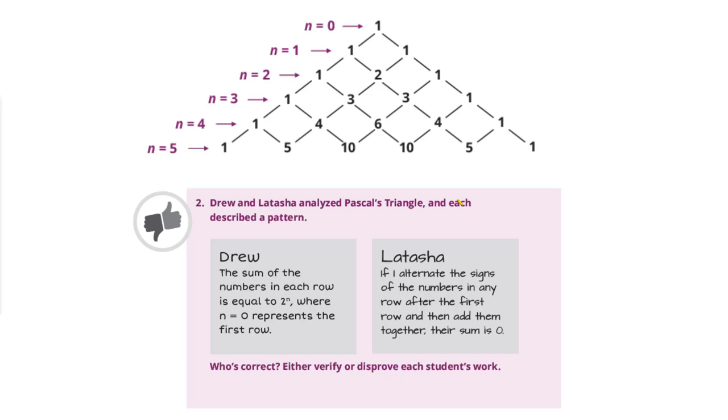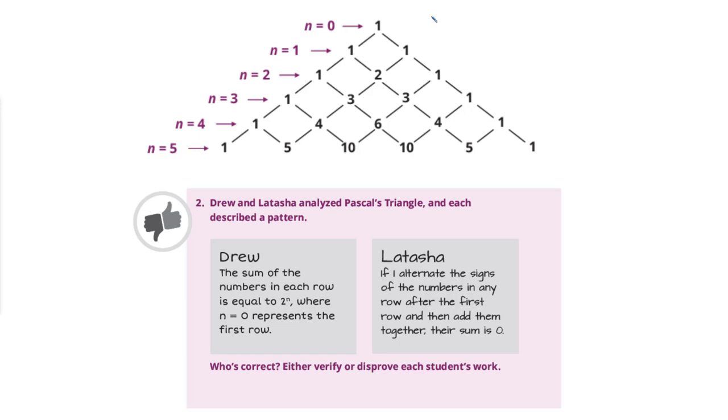And now let's look at Drew and Latasha's Pascal triangle. Drew came up with the idea, and we don't know if either one of these are right, so some of these may be a bad idea.